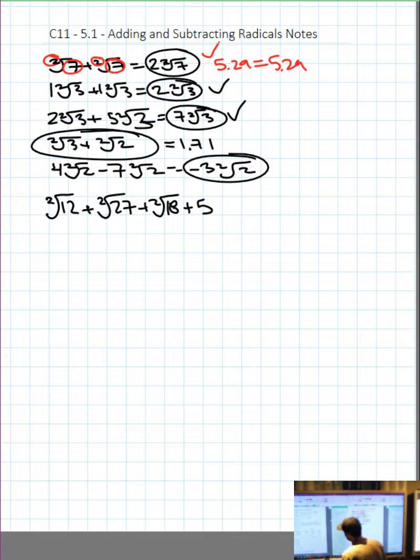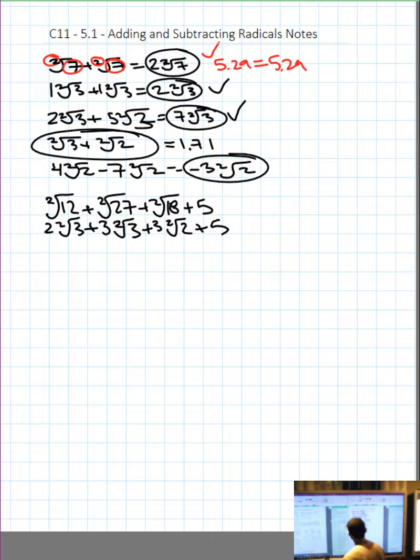As you can see in the notes, I did the prime factorization tree, and I had 2 identical 2's underneath the square root. So 1, 2 comes out. Go back to grade 10 and learn how to simplify these things. But root 12 is just 2 square root 3. Root 27 from the notes is 3 square root 3. Root 18 from the notes is 3 root 2, and then we have a plus 5.